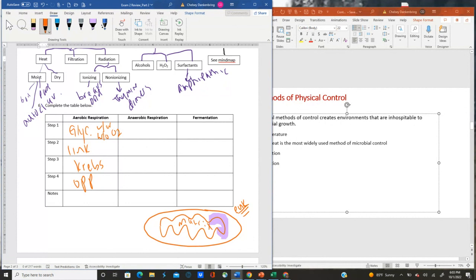Okay, now we mentioned the exceptions to that, but for the most part, mitochondria for eukaryotes, cytoplasm for prokaryotes. And definitely remember, oxygen is the final electron acceptor. That's why this is an aerobic process, because oxygen is required from step 2 until the very end.